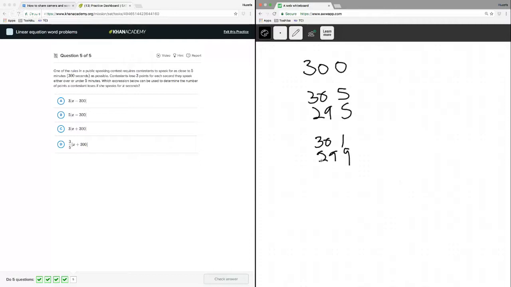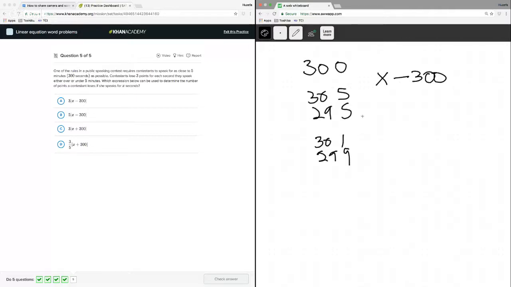Which expression below can be used to determine the number of points a contestant loses if she speaks for X seconds? So think about it like this. They want you to be right on 300. So we want to know the difference between X and 300, because that is going to tell us whether they're over or under.